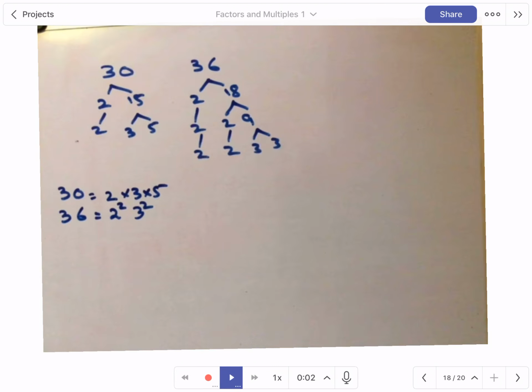In order to find the lowest common multiple, we need to decompose these composite numbers into their prime factors. For 30, I am getting 2, 3 and 5 as prime factors, and for 36 I am getting 2 square and 3 square as the prime factors. So to find the lowest common multiple, we take the highest power of the numbers which are common, and we also take the leftover numbers which are not common, and multiply them.